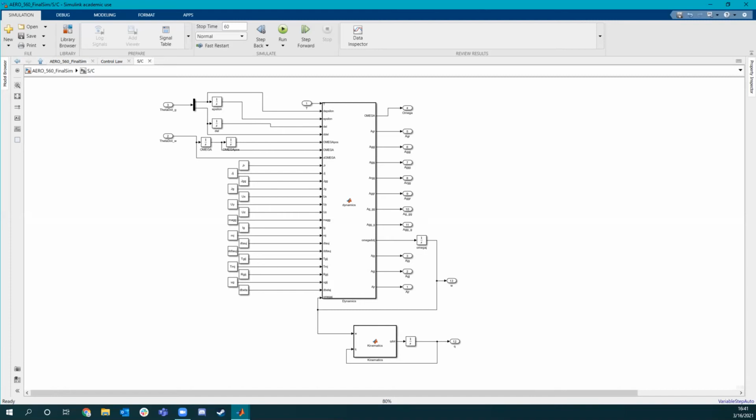And it will calculate the rotation matrices as well as the angular velocity and the attitude at that current phase. And it will send the rotation matrices, attitude, and angular velocity into the control block.